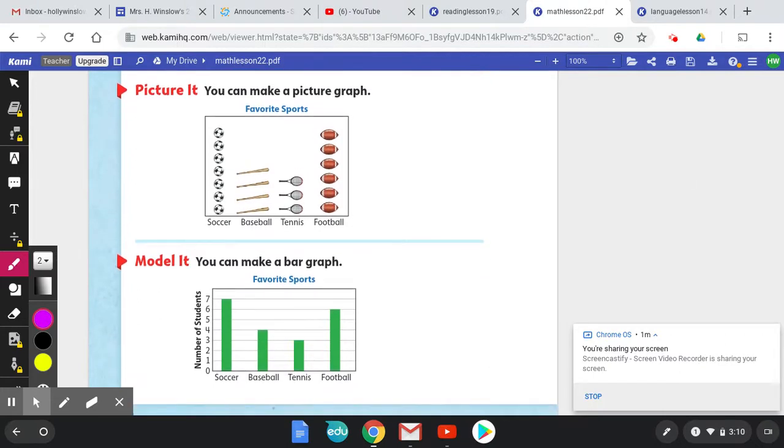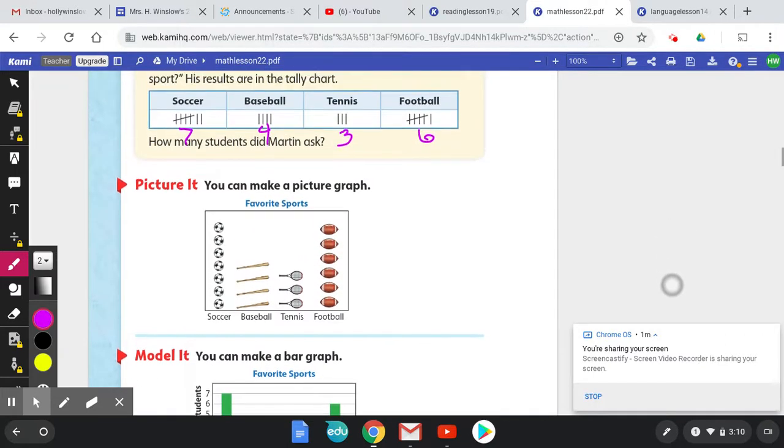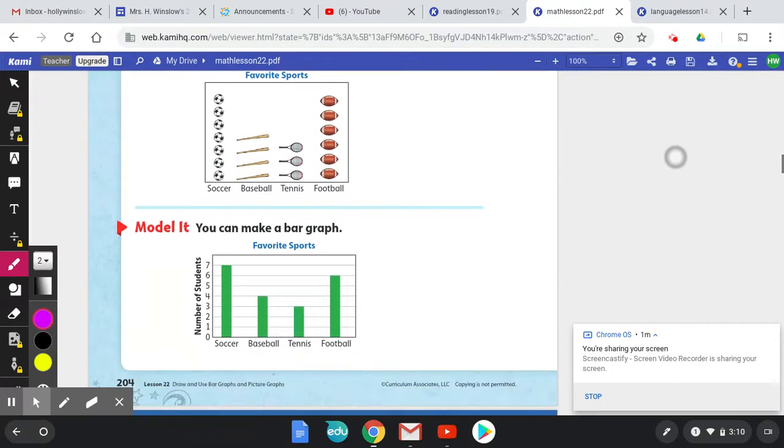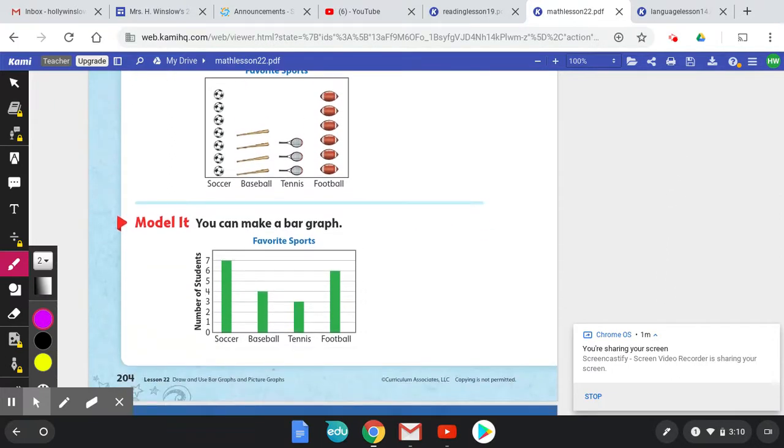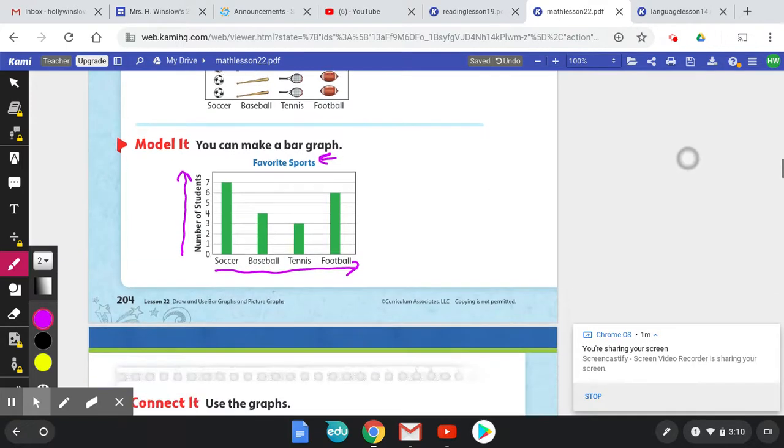Then you can do the picture graph, or you can take your tally chart and your data and put it into a bar graph, which is going to show the exact same thing, just not with pictures. It's going to show it with bars. So here you have your number of students, and here you have labeled the different sports that you're finding data about, and they have their title here, favorite sports.